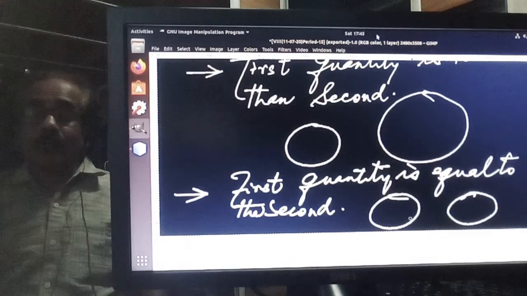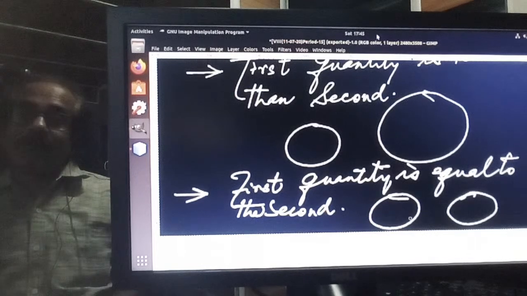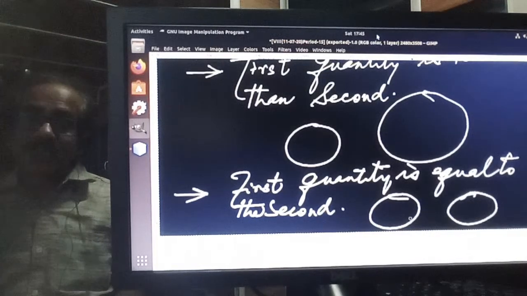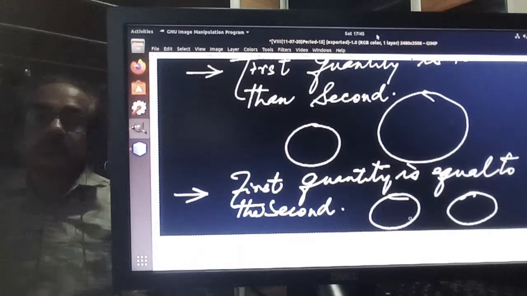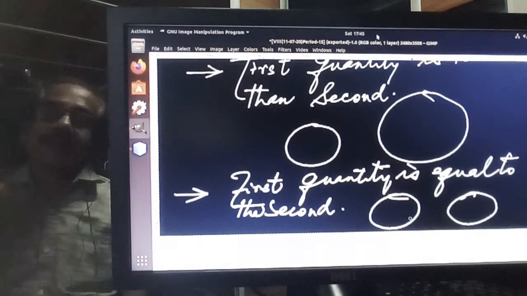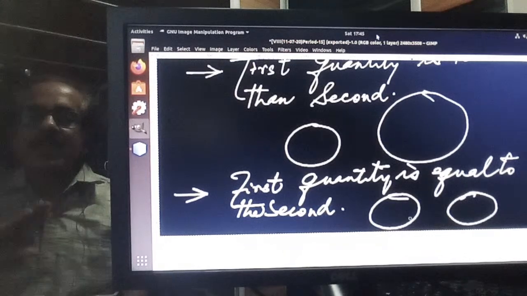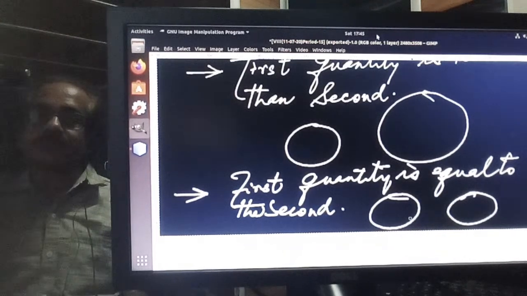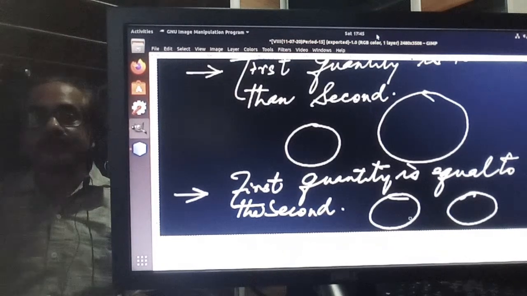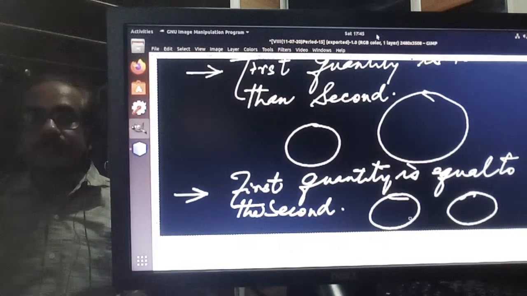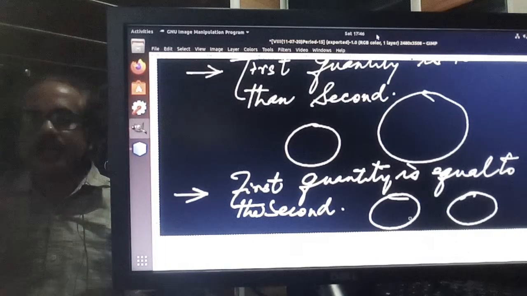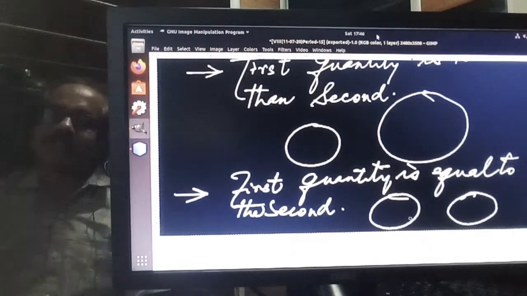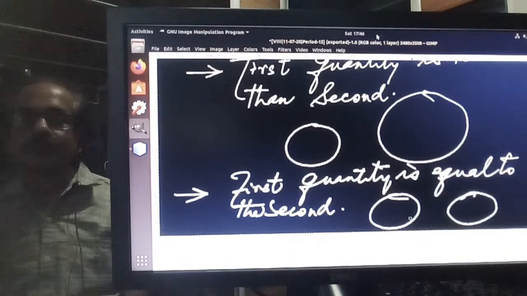Now if I am talking about comparison, this is the key sentence. There is not any other possibility of comparison. It will be bigger, smaller, or equal. There is no fourth possibility of comparison.